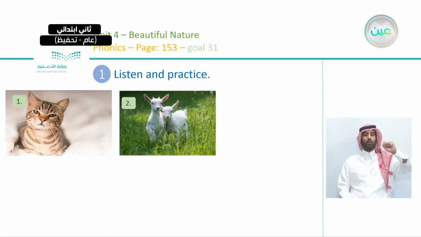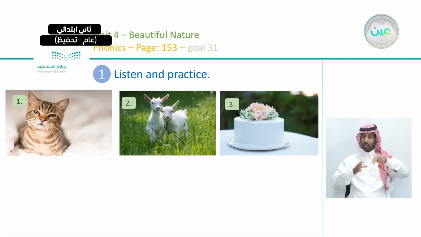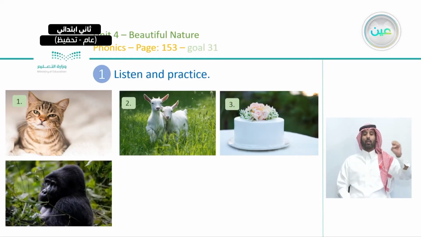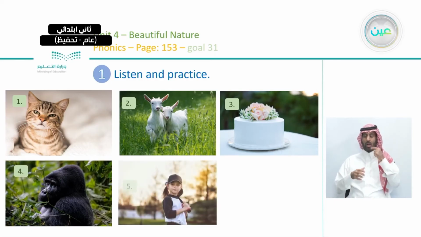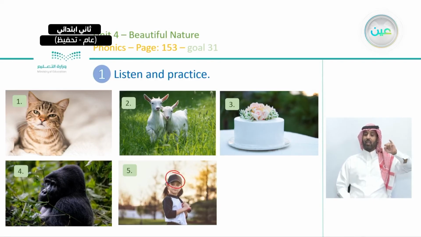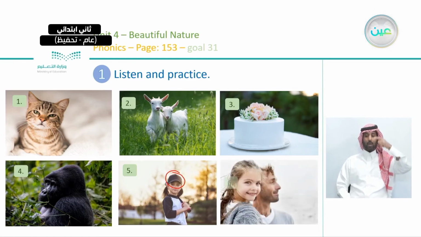Goat. Excellent. 3, what is this? Yes, this is a cake. Cake. Number 4, gorilla. Excellent. Number 5, what is this? Yes, this is a cap. Excellent. Cap. Okay. And who is this? This is a girl. Girl.